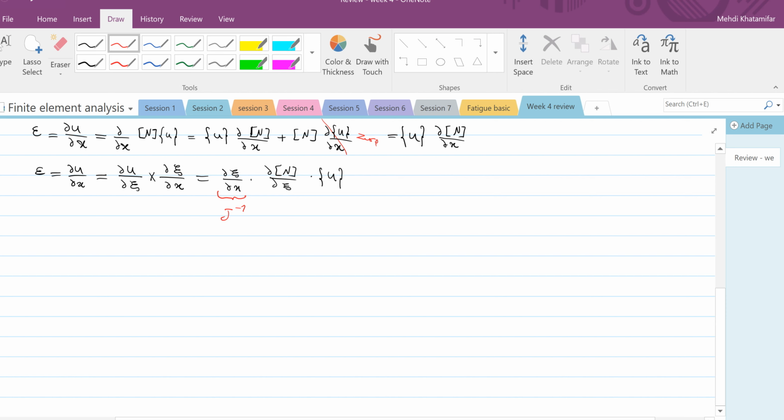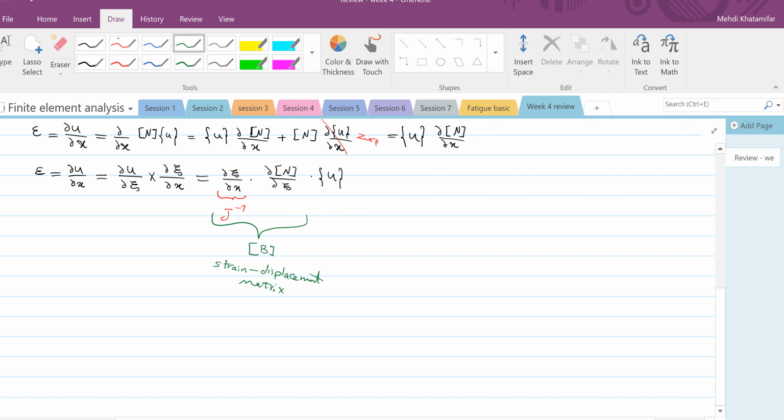And I said, because we always prefer one matrix, one vector multiplication, we call the whole piece matrix B, or strain displacement matrix.